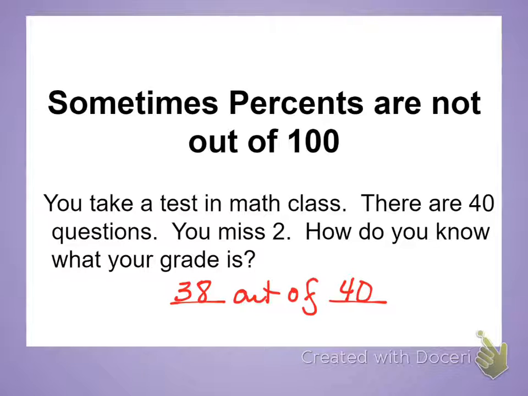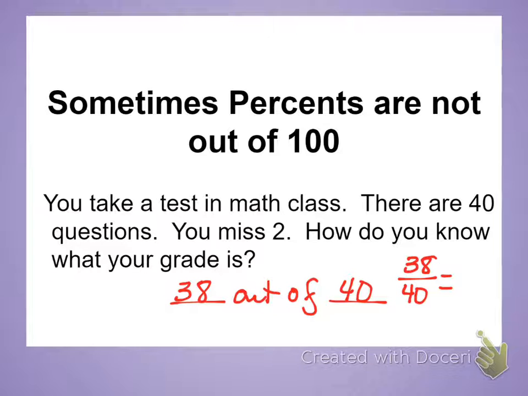Yes? Okay. So if we have 38 out of 40, that's the same as 38 over 40. And how can we change that into a percent? Divide bottom into the top. Grab your calculator. Divide the bottom into the top. And when you have an answer, raise your hand. Shelby, what'd you get?